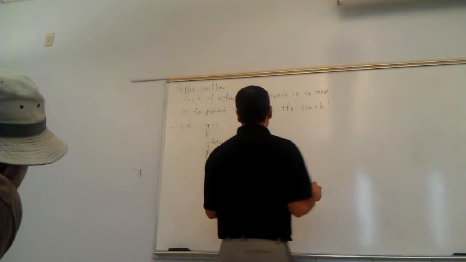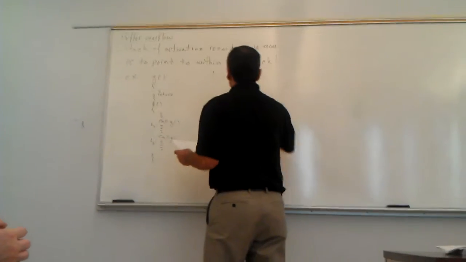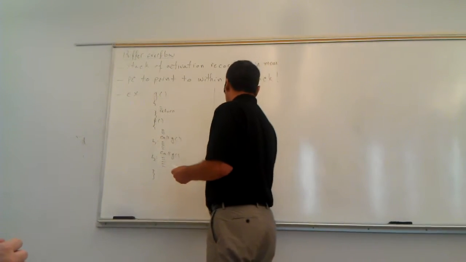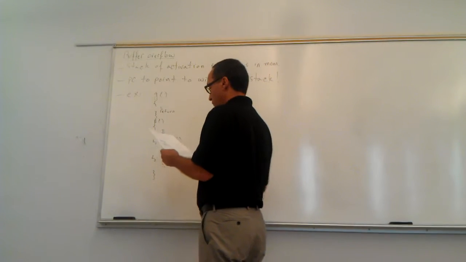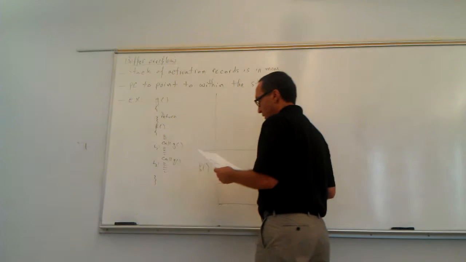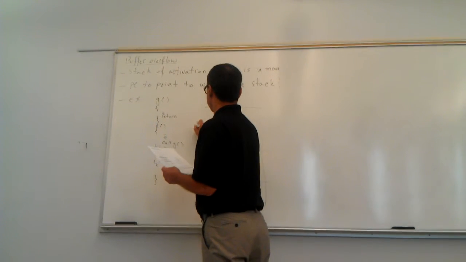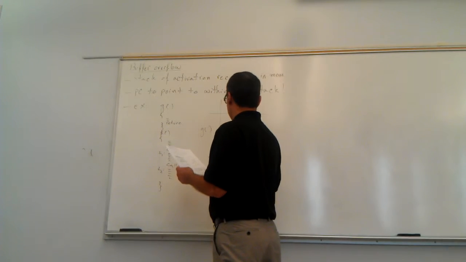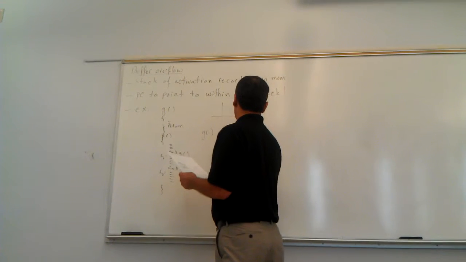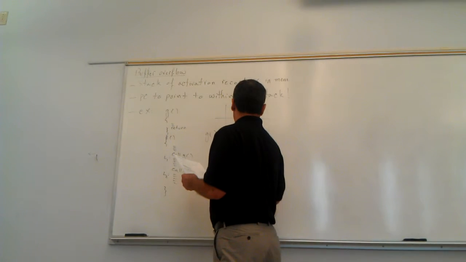So when this thing runs for the very first call in your stack, you have an activation record for f. And f calls g, and for g you have a return address.